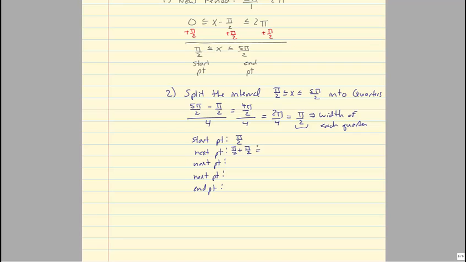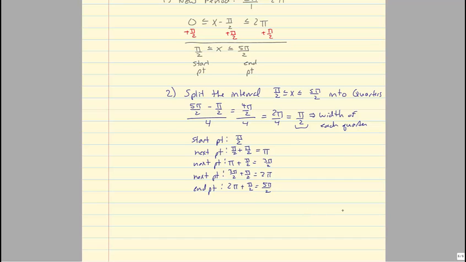Pi over 2 plus pi over 2 is 2 pi over 2. 2 pi over 2 reduces to pi. Pi plus pi over 2 is 3 pi over 2. 3 pi over 2 plus pi over 2 is 4 pi over 2, or 2 pi. And 2 pi plus pi over 2 is going to be 5 pi over 2. So this ended right where we thought.